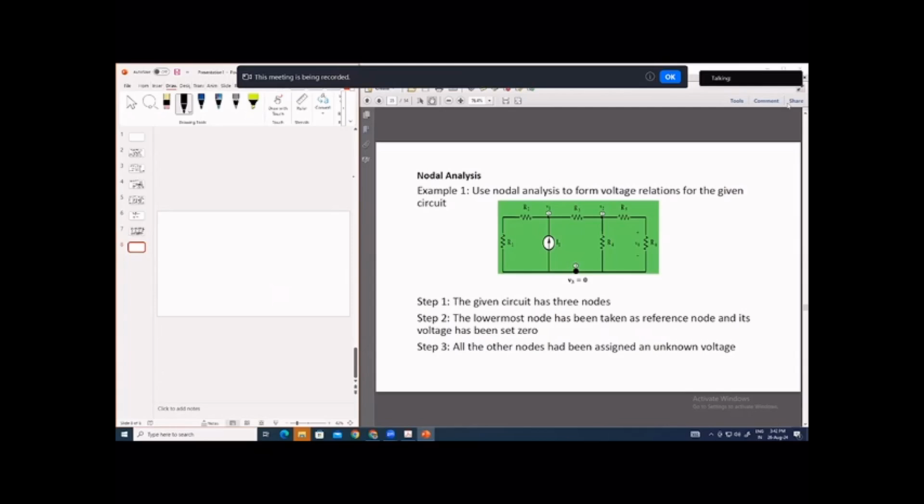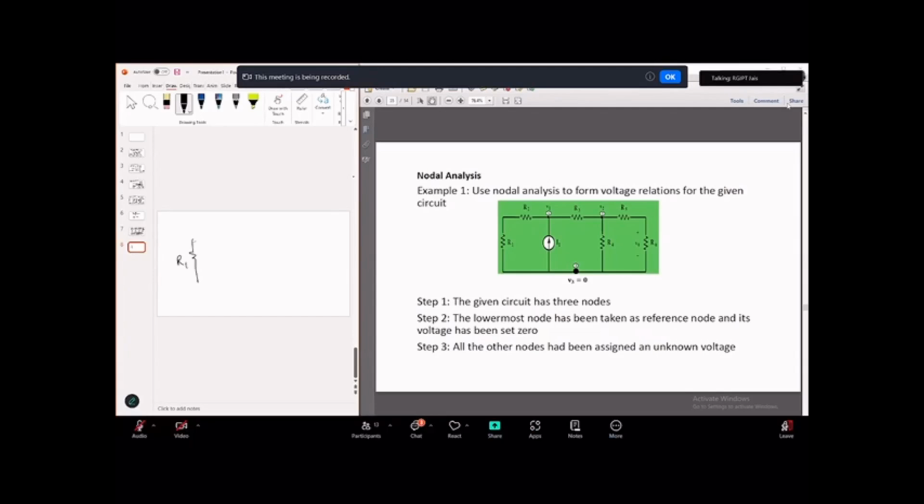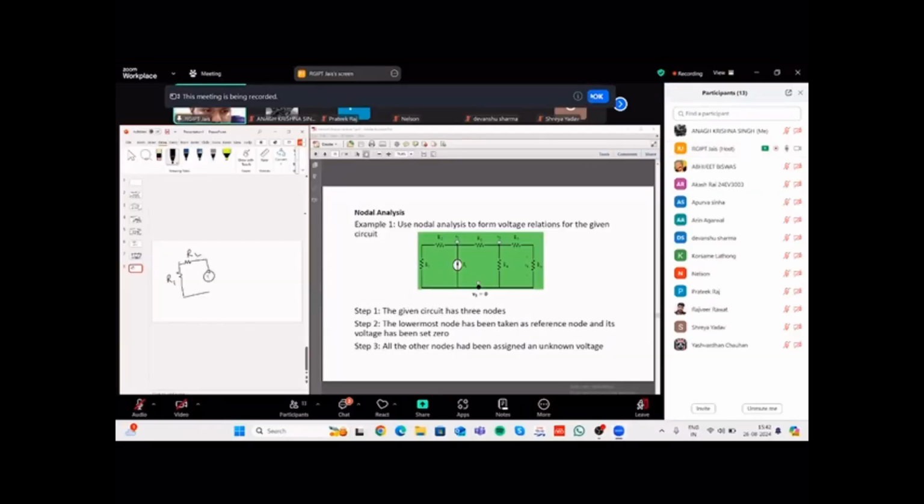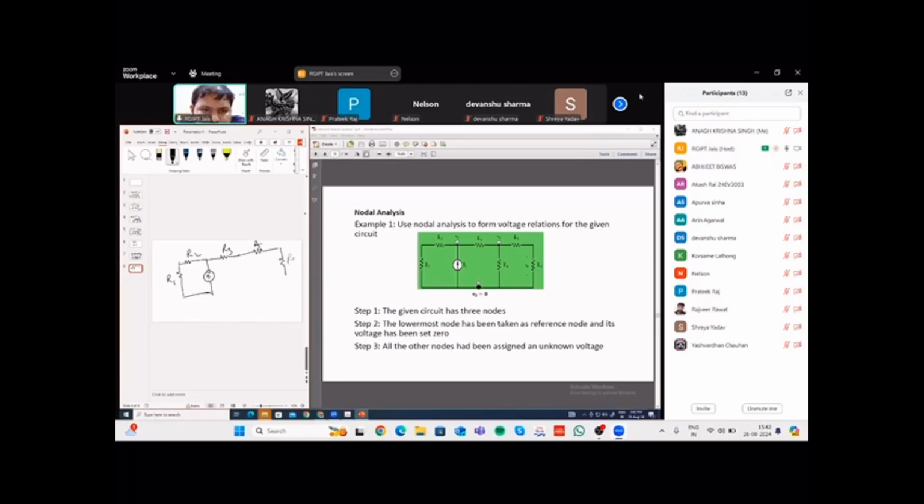There this R1 was there and this R2 was there. There is this current source. R3 is there. R5 is there. R6. R4.